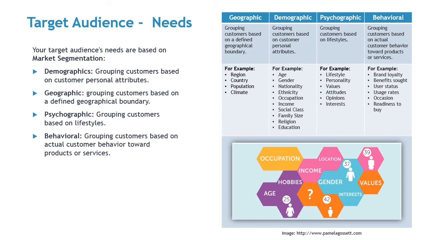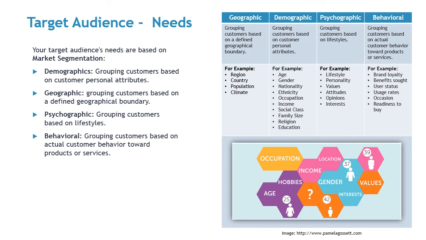Your target audience's needs are based on market segmentation. There are 4 types of market segmentation to consider: demographics, grouping customers based on customer personal attributes; geographic, grouping customers based on a defined geographical boundary; psychographic, grouping customers based on lifestyles; and behavioral, grouping customers based on actual customer behavior toward products or services.